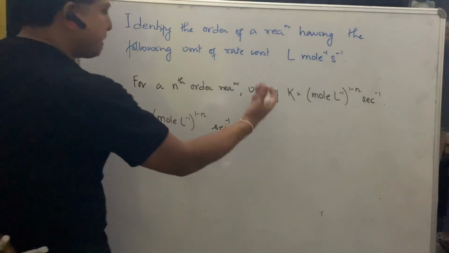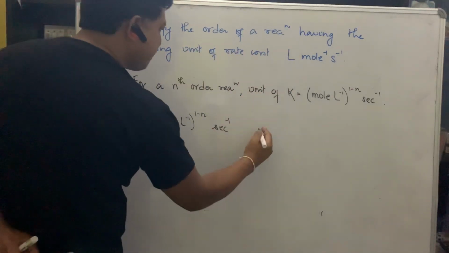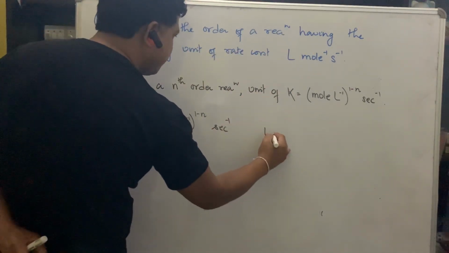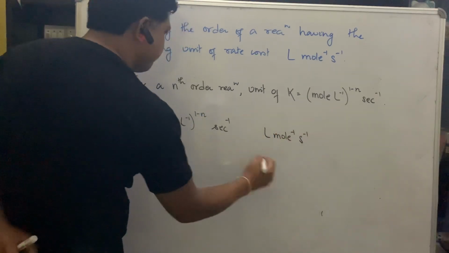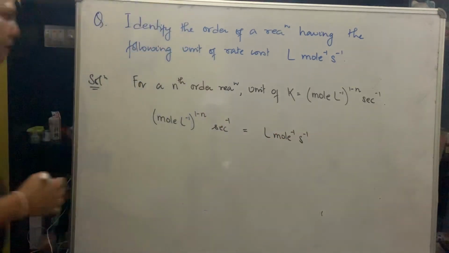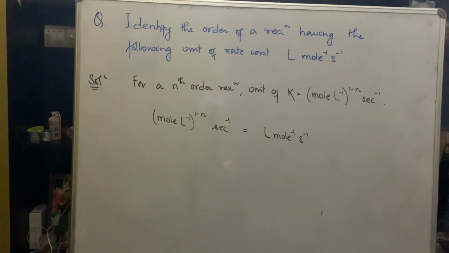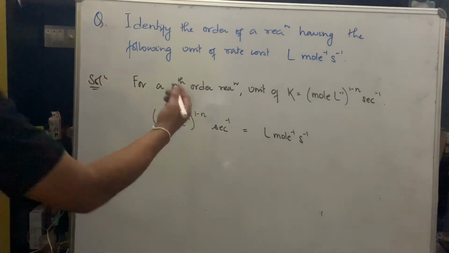And in the given question, what is the unit of rate constant? It is equal to liter mole inverse second inverse. So let us equate the two. How do we simplify this?